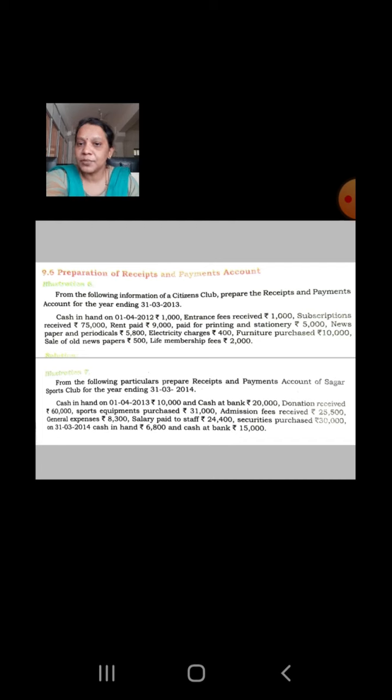Irrespective of capital receipt and revenue receipt, receipts are written on the receipt side, that is the debit side. Payments are written on the credit side, that is the payment side. With this principle, let us prepare the receipt and payment account.